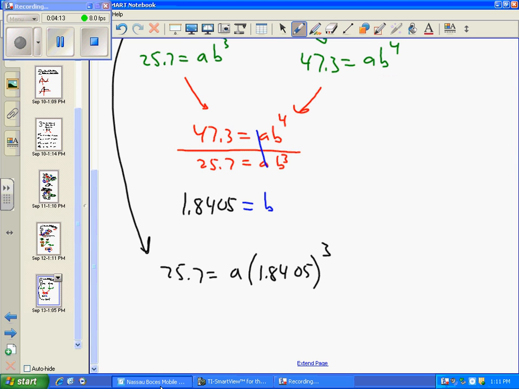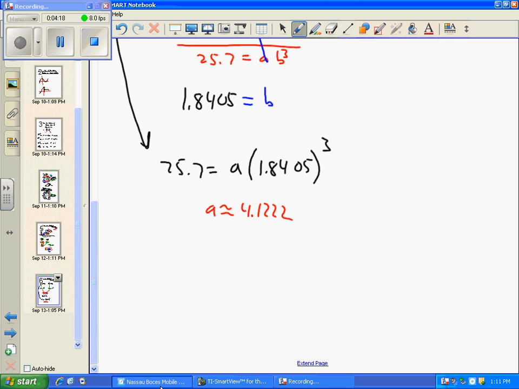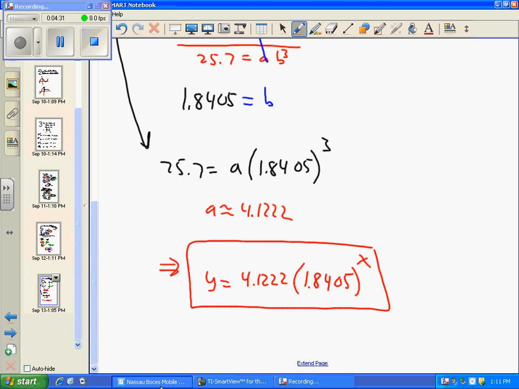So there's a. a is approximately 4.1222, which implies our equation now is y equals 4.1222 times 1.8405 to the x. So that's a second equation that might model this data.